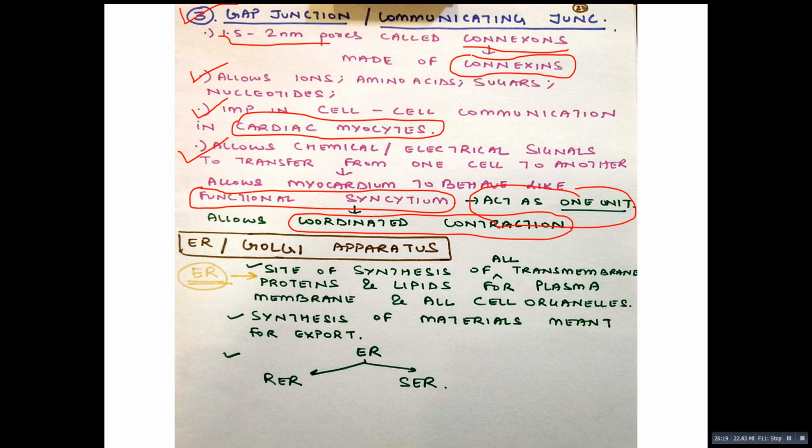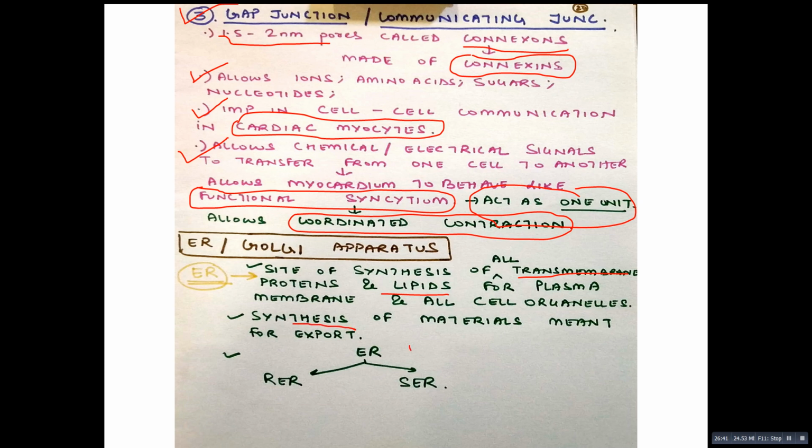It usually specializes in the synthesis of materials meant for export. Depending on the presence of ribosomes, the endoplasmic reticulum can be divided into rough endoplasmic reticulum and smooth endoplasmic reticulum.